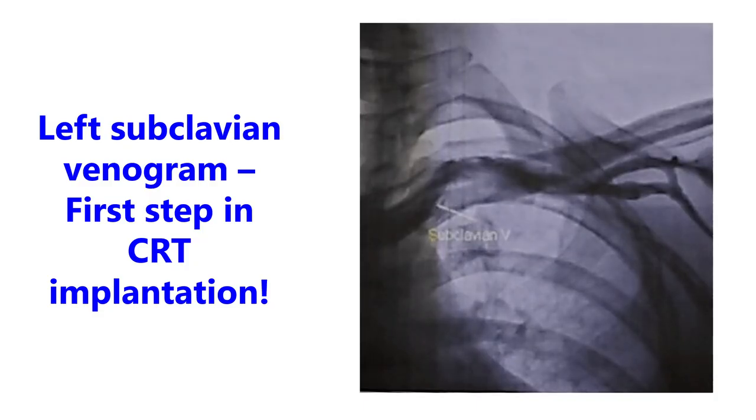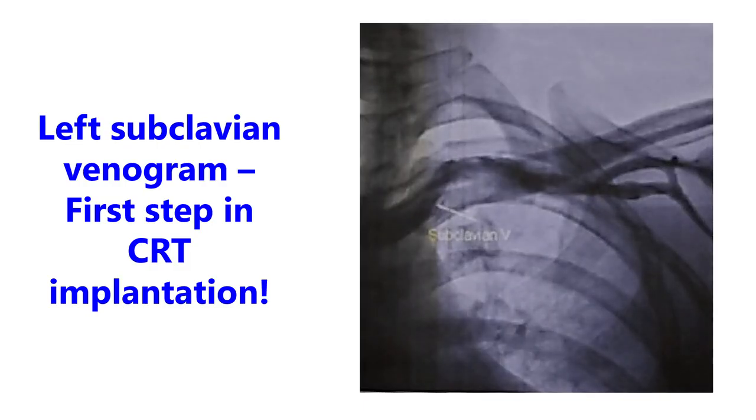Now we will go through a brief pictorial review of cardiac resynchronization therapy implantation. The first step in the cath lab would be to get a subclavian vein injection through a left forearm vein, and this is the subclavian vein seen. We want to see the size of the subclavian vein, which should take 3 leads.